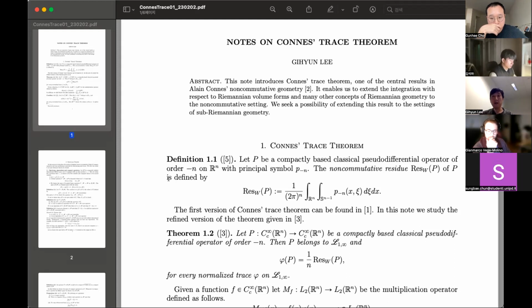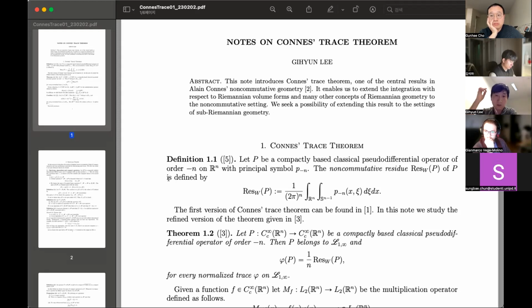Anyway, I think the best one to start with is Connes' Trace theorem. It's one of the most fundamental results in non-commutative geometry, introduced by Professor Alain Connes in 1988.